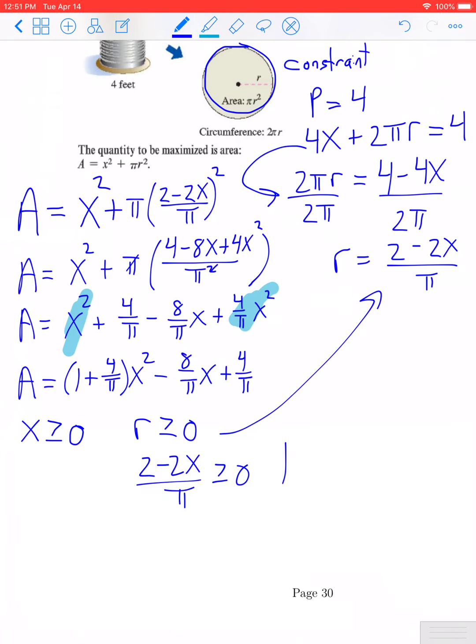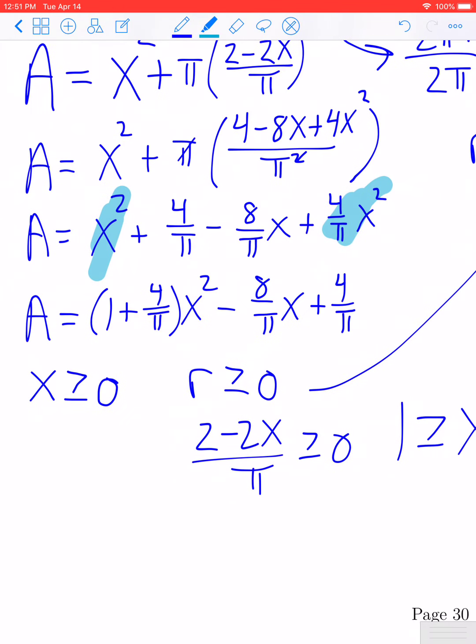I'm not going to do the work here, but if you solve it, this means that x will have to be less than or equal to 1. So what is the implied domain for this area function? Well, it's for x's between 0 and 1.